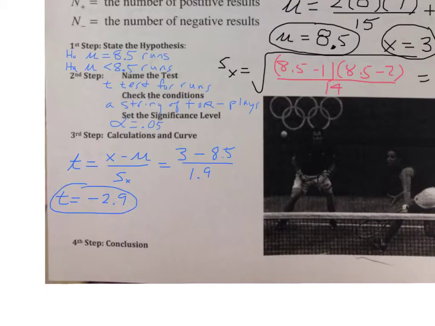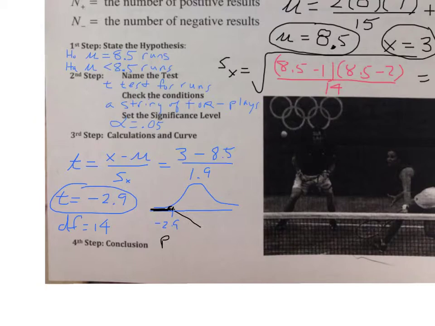Okay, did you get that? About negative 2.9. We draw the curve. There's lots of t-curves out there. This t-curve is going to have a degree of freedom of 14. We mark down negative 2.9, and shade to the left because the alternative hypothesis said less than. We want to figure out that p-value.